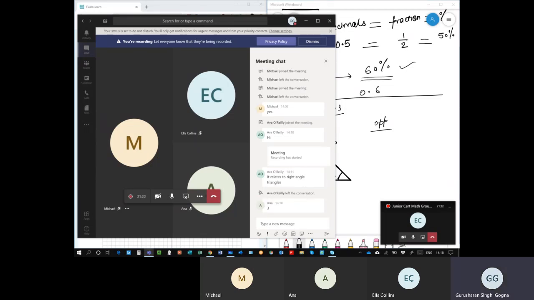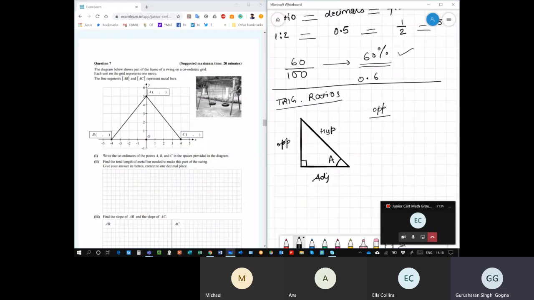Anna said 3. Michael, any idea? Any other answers? No. You can form 6 ratios.